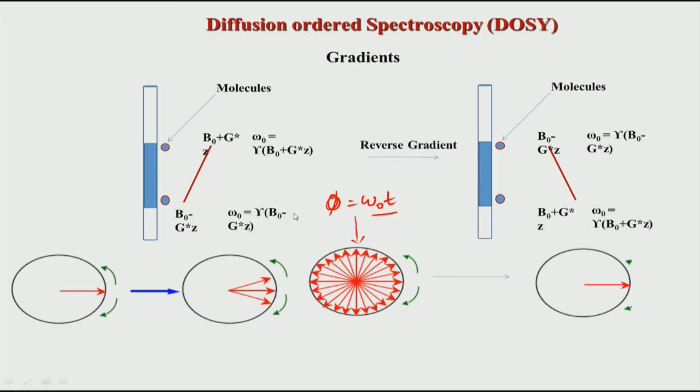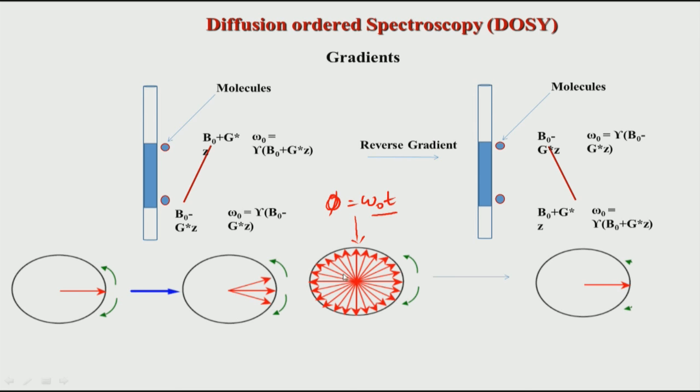Now suppose this omega 0 for this sample has accumulated a phase of, let us say, 100 degrees. When I apply a reverse gradient, the same phase will go in the opposite direction, because now its frequency is minus the earlier frequency. Therefore, however many degrees it has gone from this side, it will now go in the opposite direction. So, if I apply a reverse gradient for the same time t, it will completely come back to the original position.